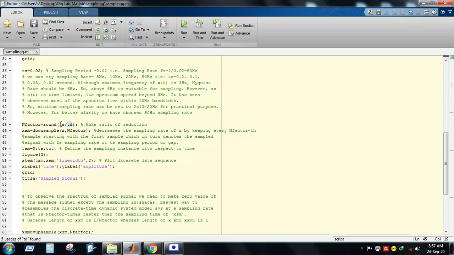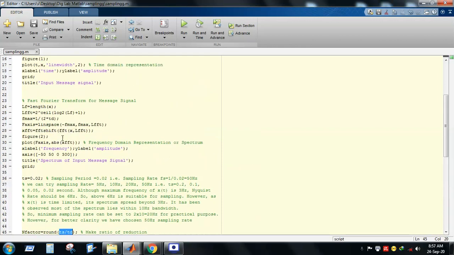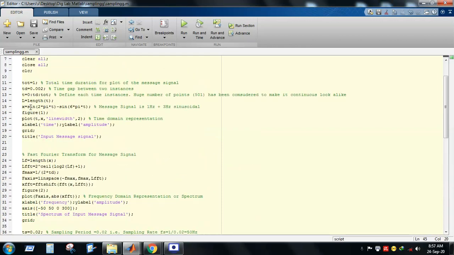So this ratio defines the number of samples that we want to observe. We already said that x consists of 501 values of x.